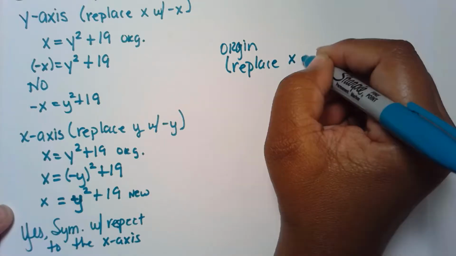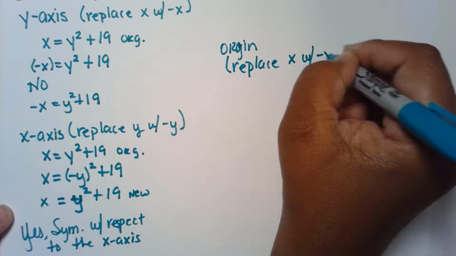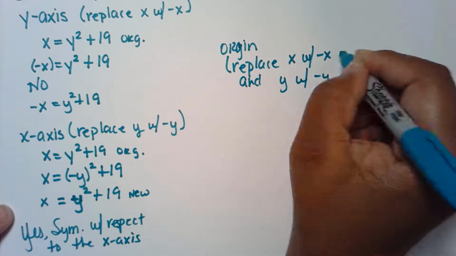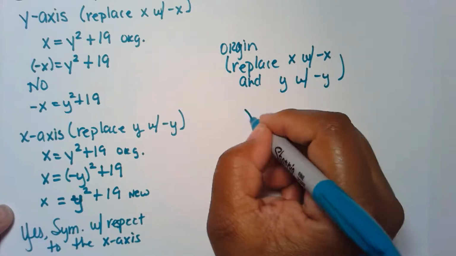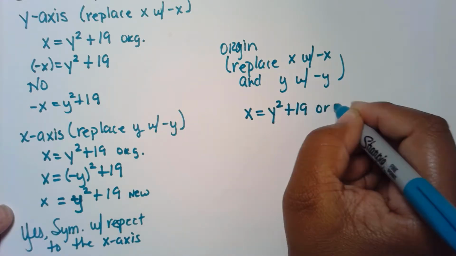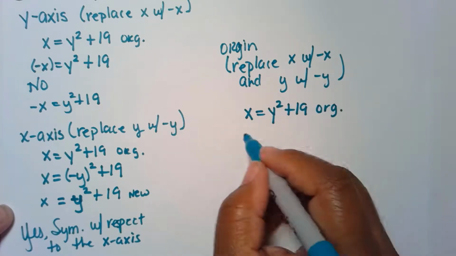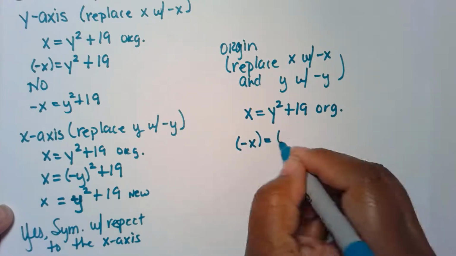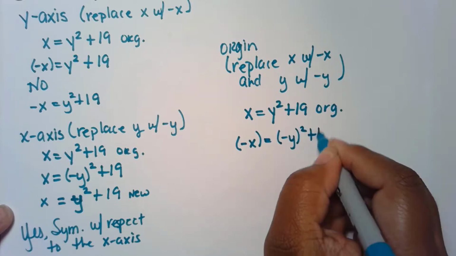Replace x with negative x and y with negative y. Here's the original equation again. We have negative x is equal to the quantity of negative y squared plus 19.